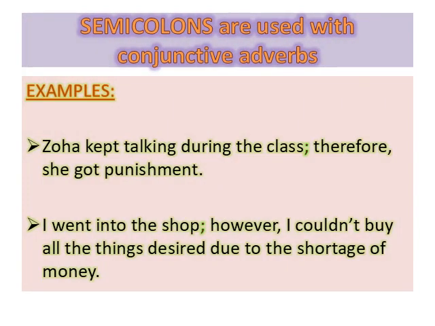The semicolons are used with conjunctive adverbs. So students, first we should understand the conjunctive adverbs. What is a conjunctive adverb? The conjunctive adverb is a word that joins one part of a sentence to another part of a sentence.